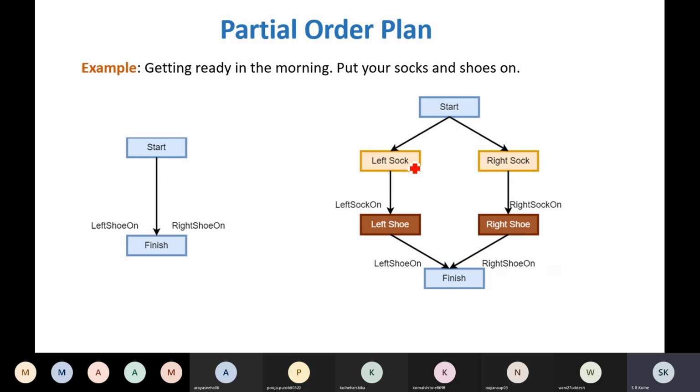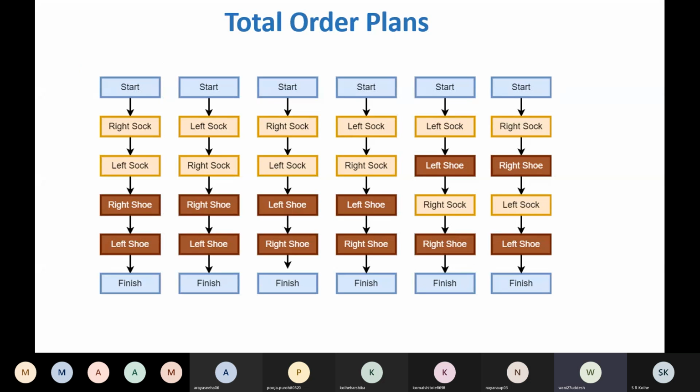To wear the right shoe, you will have to wear the right sock. Any question up to this? No, sir.